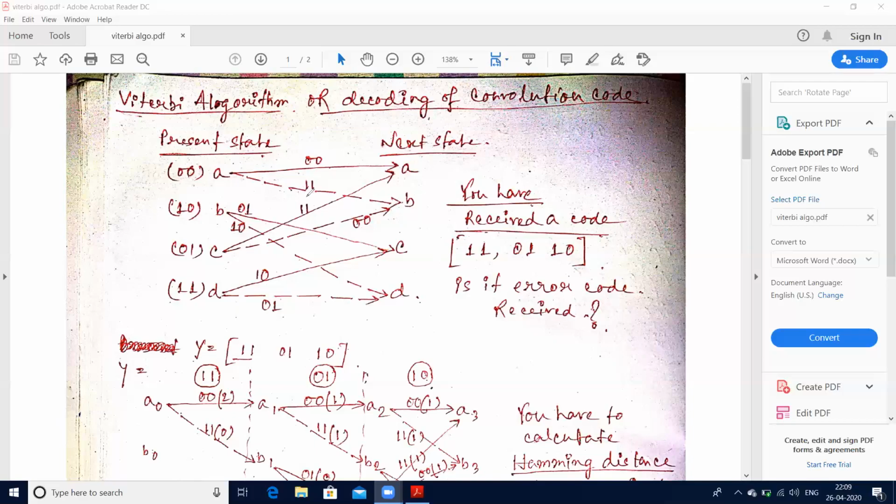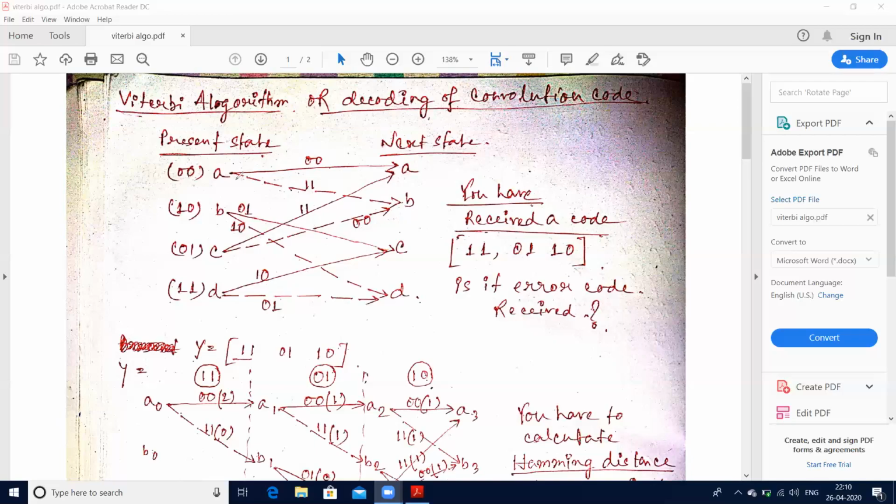If you follow the code trellis from the previous lecture, you will see this is the state transition. That means from A, when 0 is the input, it is the bold line, and when 1 is the input, it is the dotted line. So the dotted line represents input 1 and the bold line represents input 0. These labels, 0, 0, 1, 1, 1, 1, 0, 0, are the outputs corresponding to the input.